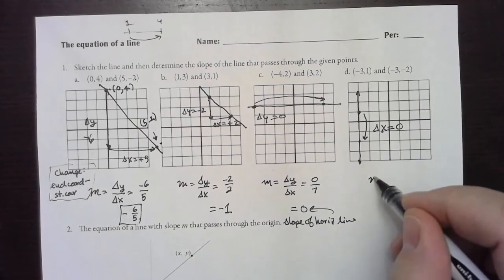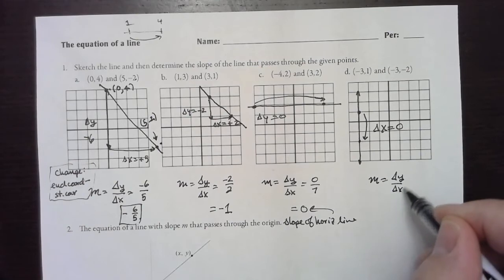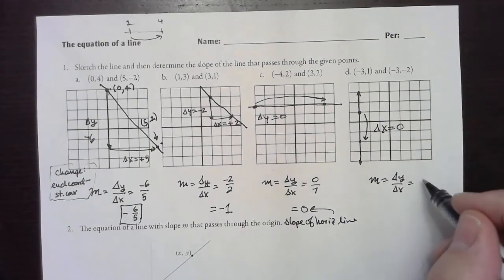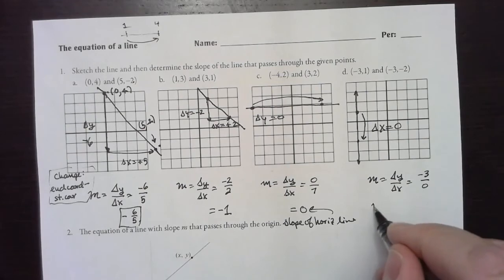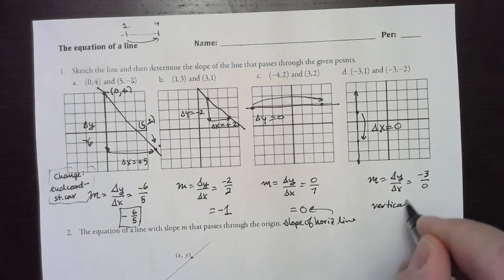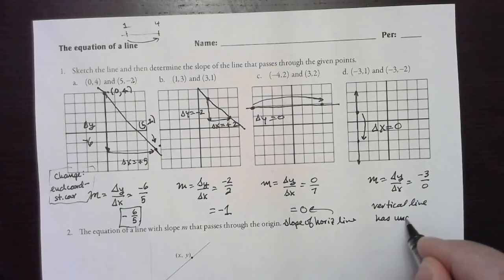So this is a bad thing in terms of computing slope. Because now my change in y here is -3, but it doesn't matter, because I have a 0 in the bottom of the fraction. And you're not allowed to divide by 0. So we say a vertical line has undefined slope.